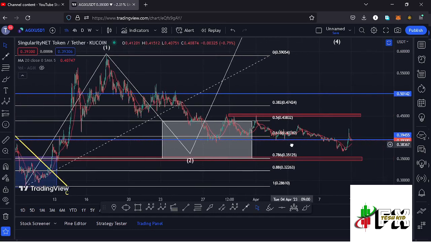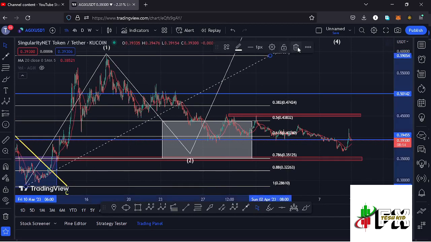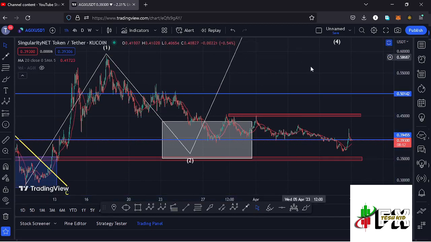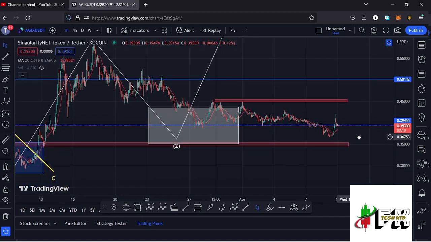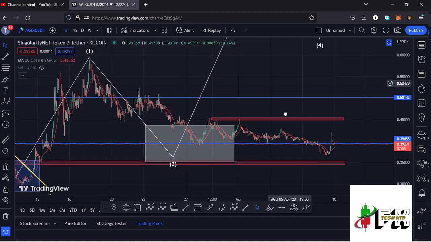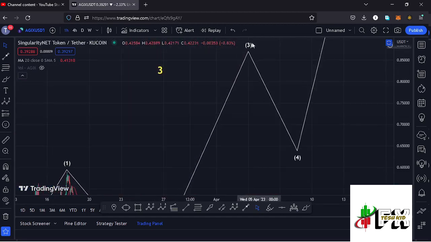You can see at the time of this recording, we have managed to almost fully maximize this minimum target area. Yesterday we had been seeing a breakdown in a move that gave us a low at around the $0.37753 mark, and there are high chances that we have now bottomed out in the formation of this wave 2, and we are now ready for a massive pump in the formation of this wave 3.